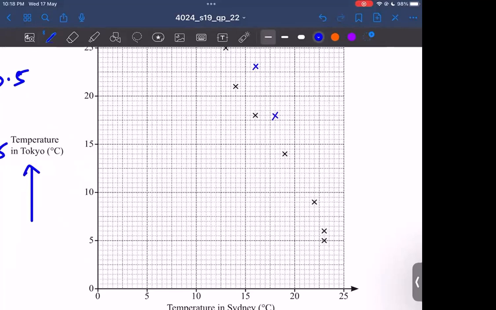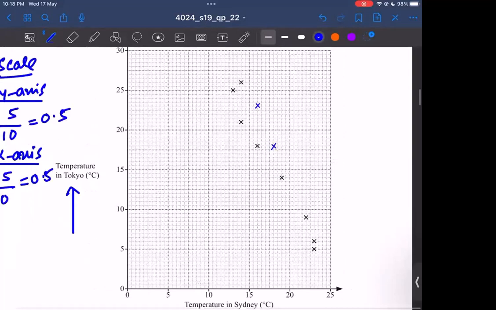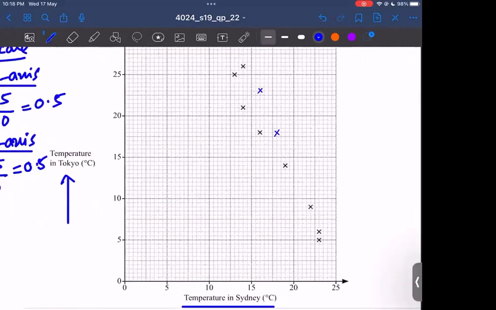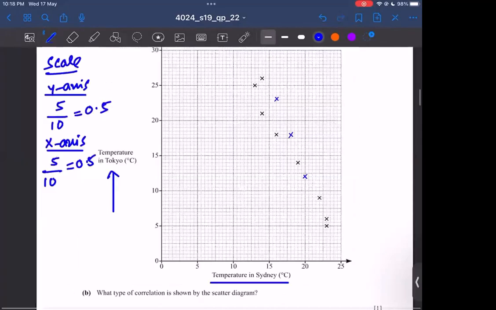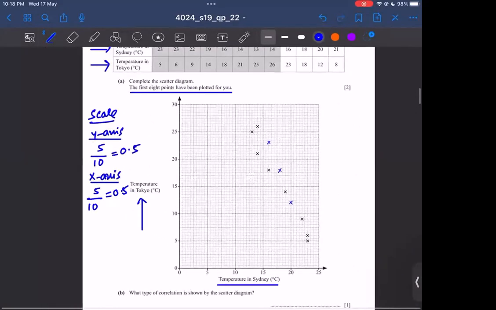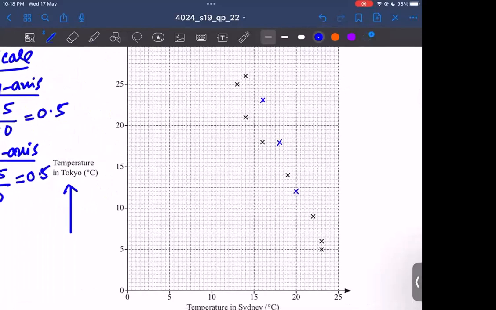Then we have 20, 12. 20 is over here, but it's very prominent. 12 is going to be over here. Then we have 21.8. This is 21, and 8 is going to be here. All right, so we have plotted these points.